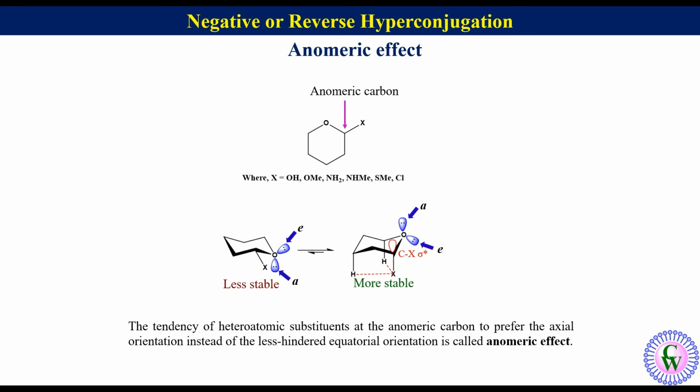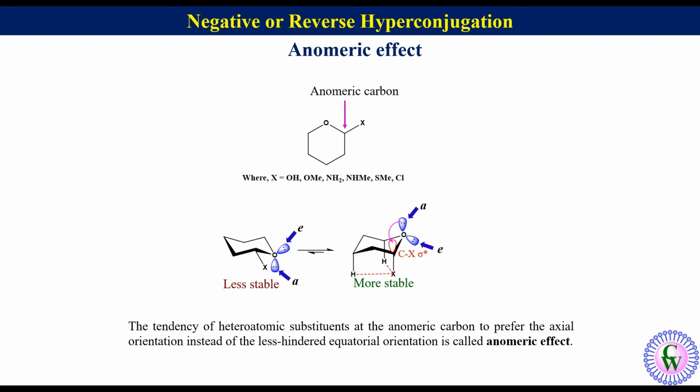Because of this, there is overlap between the axial non-bonding orbital of oxygen and the antibonding orbital of C-X sigma star. This stabilizing interaction is stronger than the destabilizing 1,3-diaxial interaction, and as a result, the chair conformation with axial substituent becomes more stable.